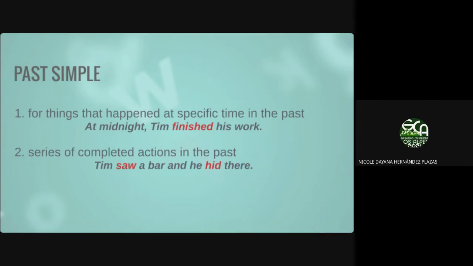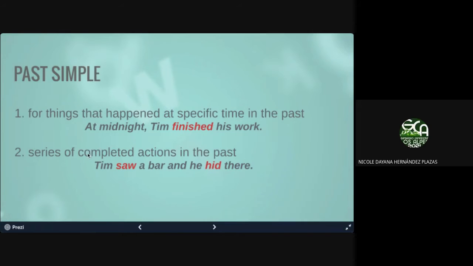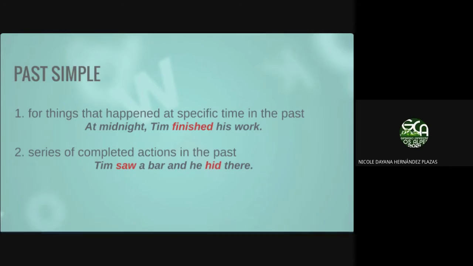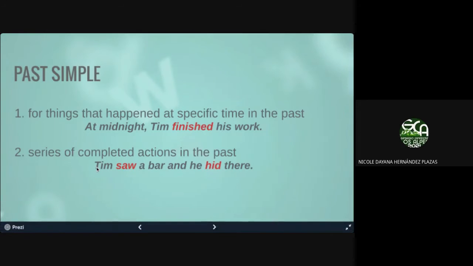But also, babies, you can use past simple when you have a series of completed actions. That means actions that happened in the past, actions that are completed, actions that finished. So take a look at this example. Tim saw a bar and he hid there. So the first thing that happened was that Tim saw a bar.